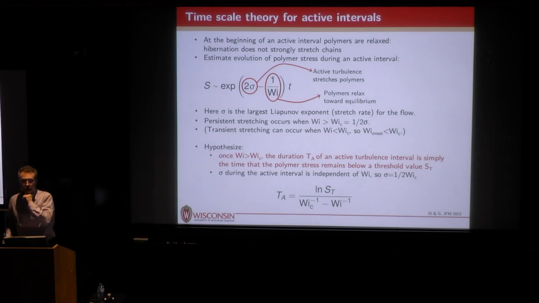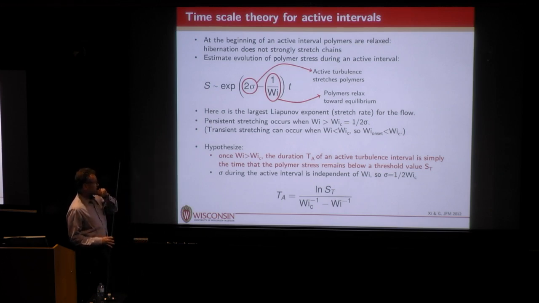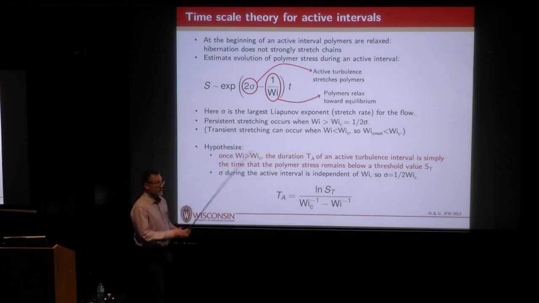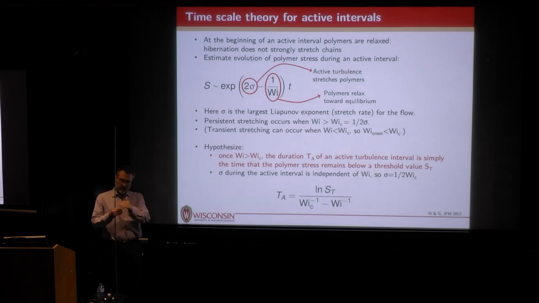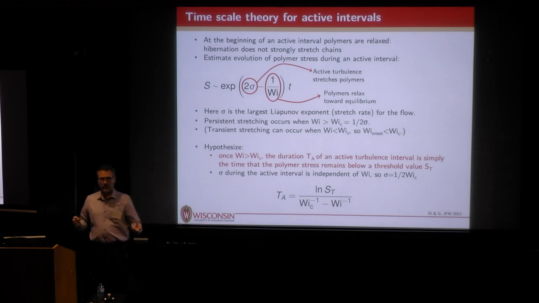Then we make a simple hypothesis that once the Weissenberg number exceeds some value, the duration of one of these active turbulence intervals is simply the time that the polymer stress remains below a certain threshold value. Very simple model. Once the stress exceeds a threshold, the polymers kick in and suppress these vortices.